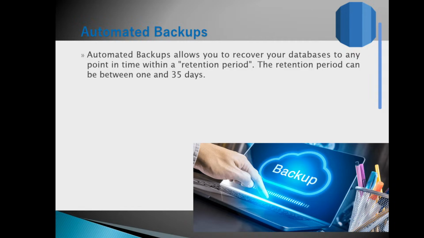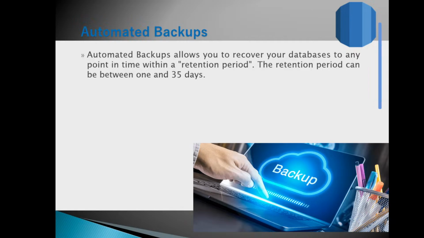Whenever you create an RDS machine, Amazon will take backup at a particular timestamp automatically on a daily basis. On a daily basis, Amazon will create a backup of your database. You don't have to do anything. You just have to enable them.